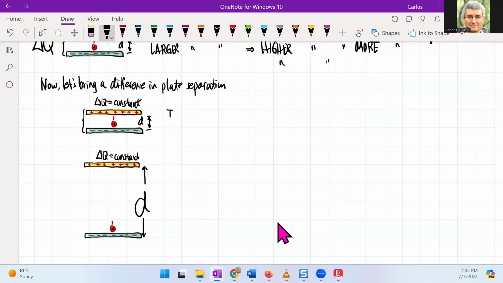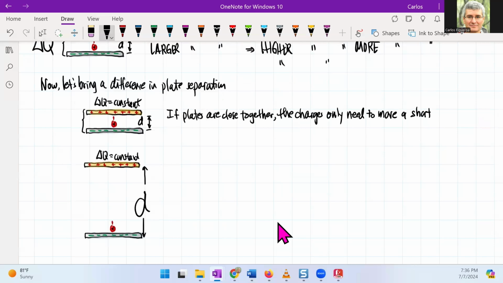So if plates are close together, the charges only need to move a short distance, which doesn't take much work.